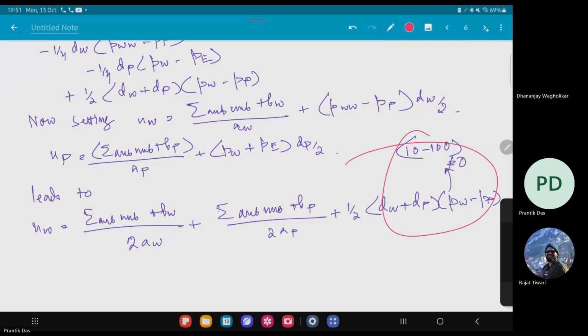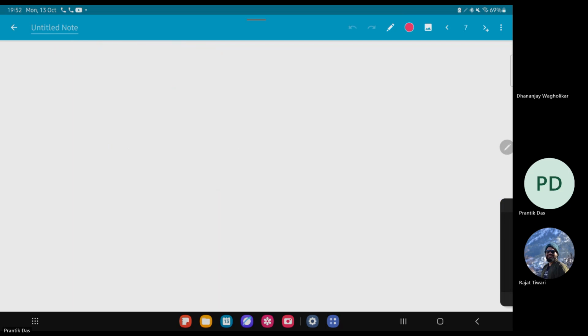So therefore, this makes it sensitive to checkerboard pressure arrangement. I hope it is okay until now.